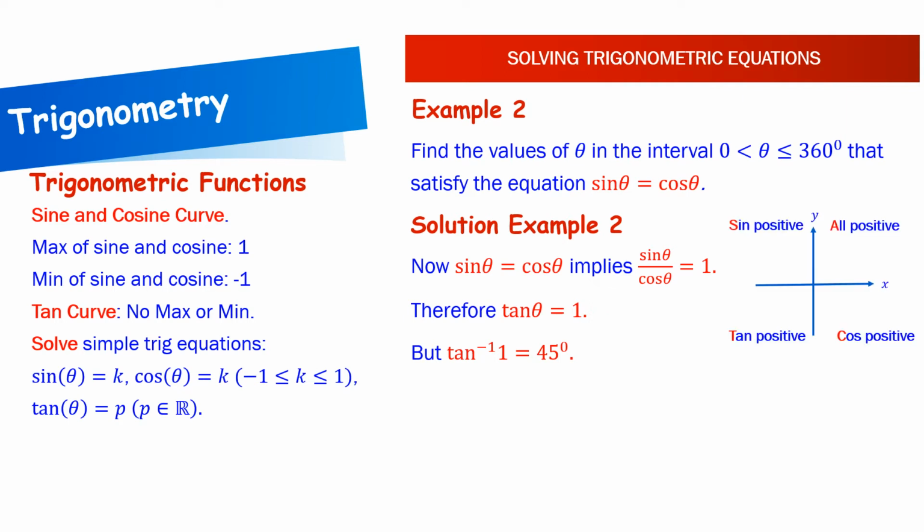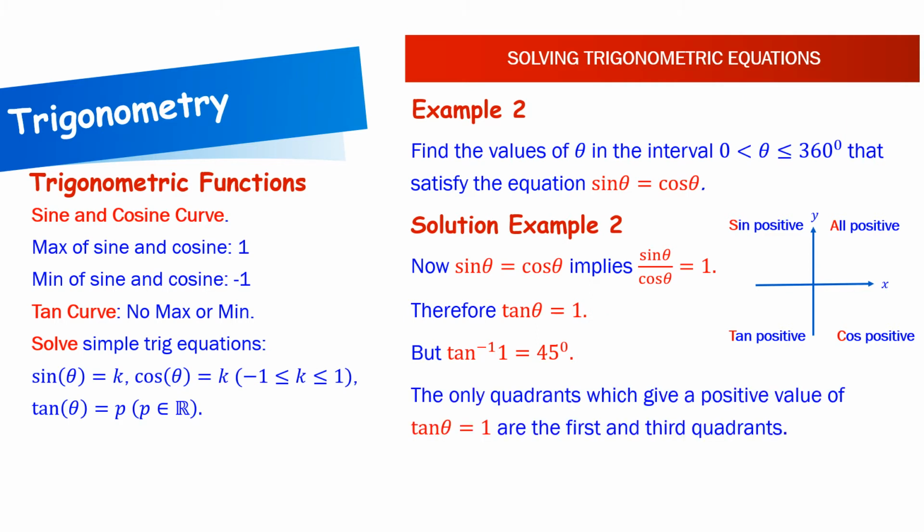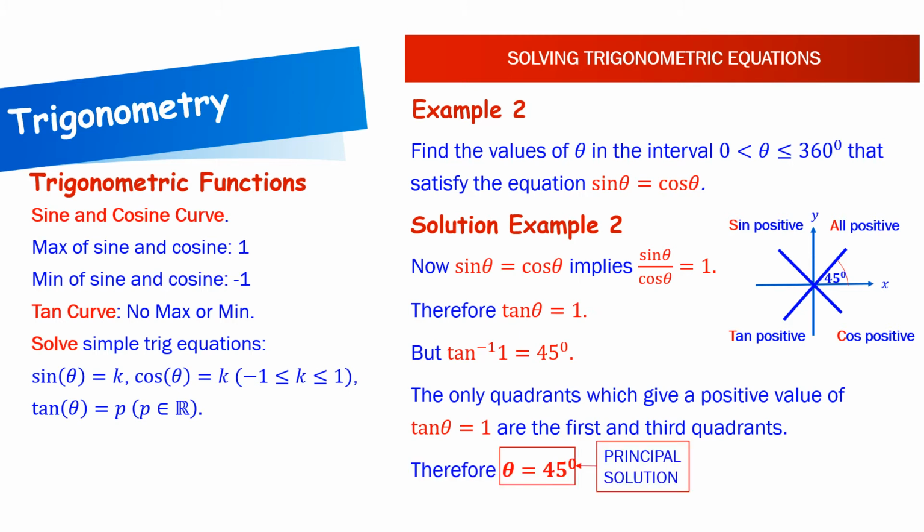Let's go back to our cast diagram. The only quadrants which give a positive value of tan theta equals 1 are the first and third quadrants. So either we have 45 degrees here, which is the principal solution, or we have 45 degrees as shown here.